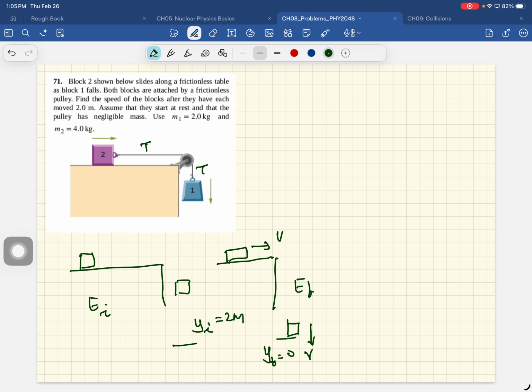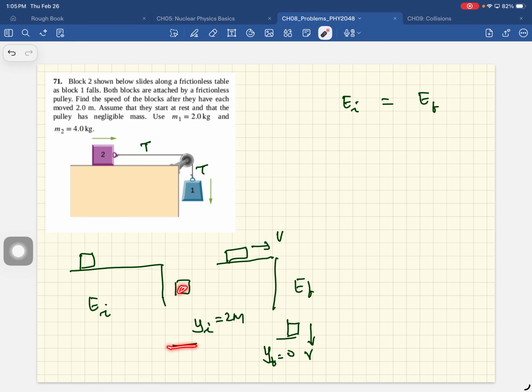it falls 2 meters. So it fell from a height of 2 meters. Initial mechanical energy is equal to potential plus kinetic energy for the two objects. This guy's height doesn't change, so his potential energy remains constant. You can take different reference heights for two different objects. So for him, we'll take this as the reference height, and his reference height doesn't change.